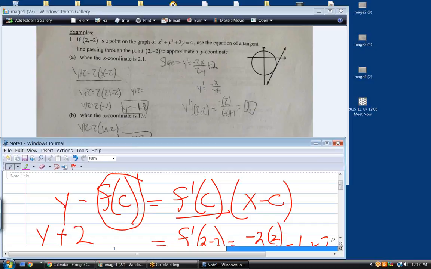Hold on a second. And the x coordinate is 2.1. Do you know, was this the answer she gave? Negative 1.8, yeah.